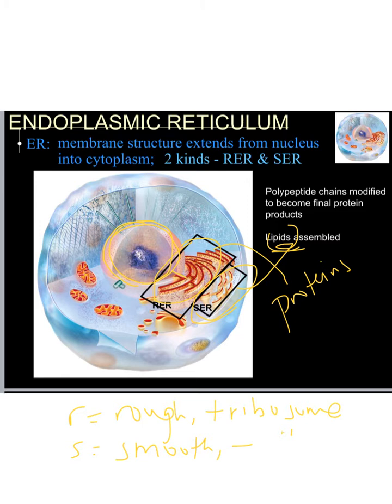So we're going to be focusing our efforts again on protein production. So we're talking about the RER, the rough ER. This is where we take those polypeptide chains that constitute tertiary structure that we talked about a couple chapters ago, and we're going to put them together or modify them to make a final protein product.